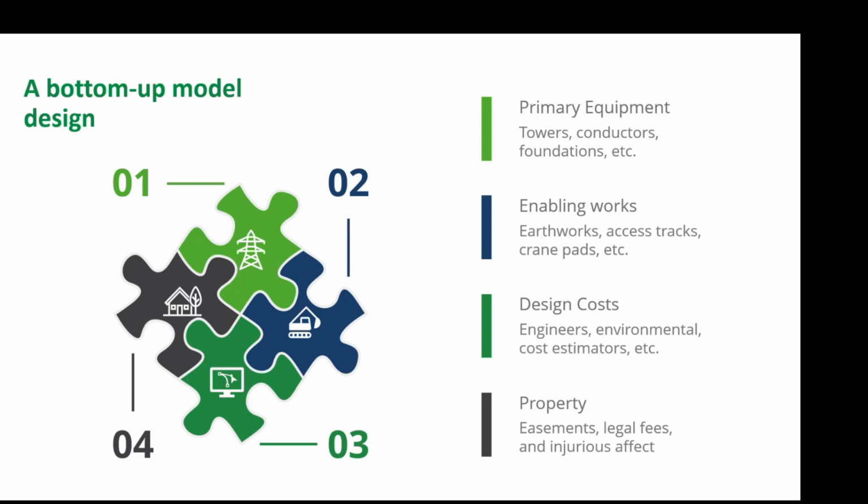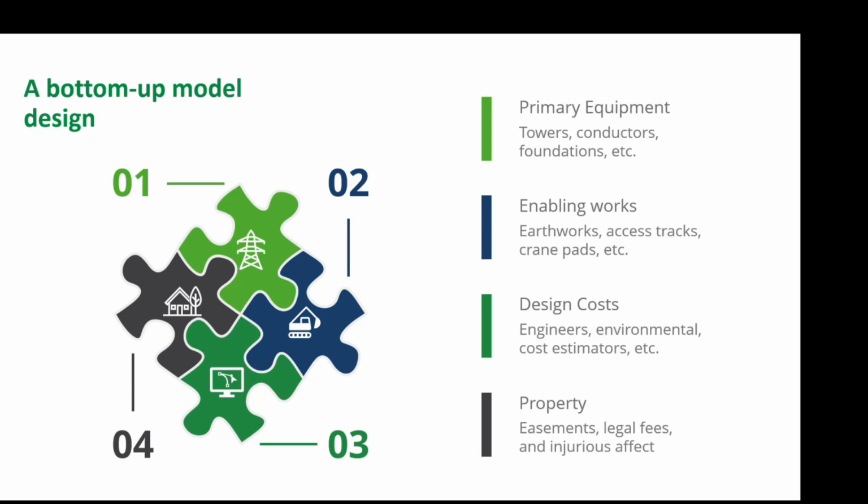These are things like engineers, our environmental specialists, cost estimators like Mark, the people who plan and design pretty much everything before the spade hits the ground. The fourth bucket is property. Transmission lines will inevitably run across people's lands, so you need easements, which is the legal right to use the lands.